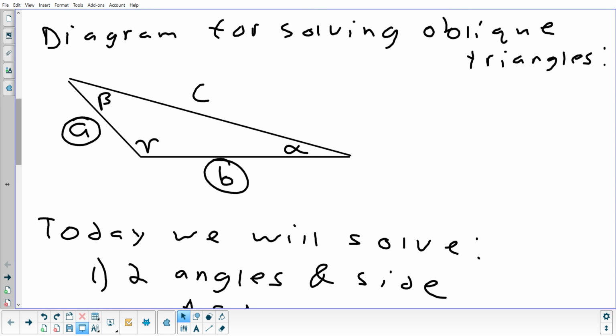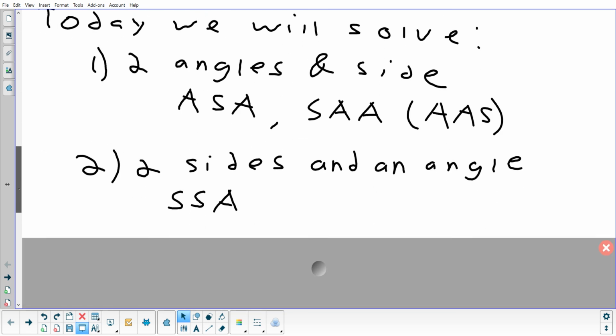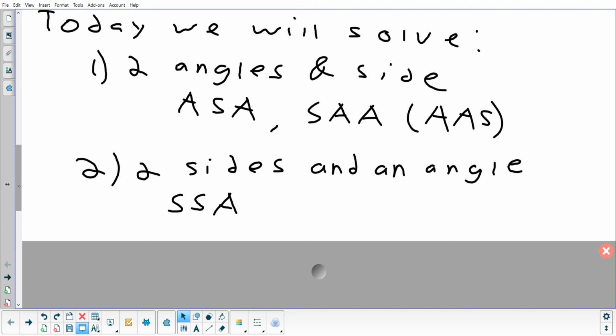Side, side, and then give me any angle except gamma. I can't have the one between. It won't work. So this one, that'll be fine. Or beta. Okay, so those are the three different types of problems that we can solve.